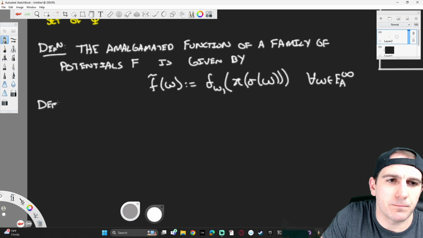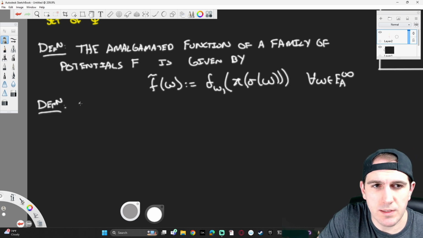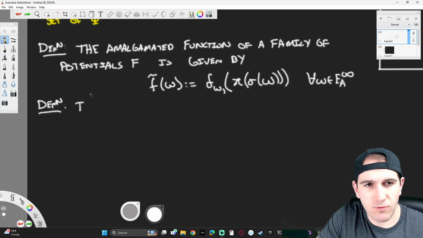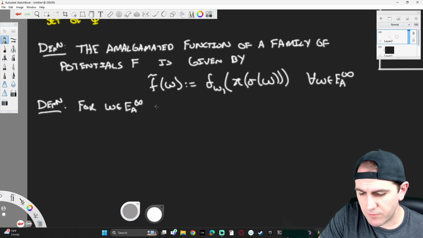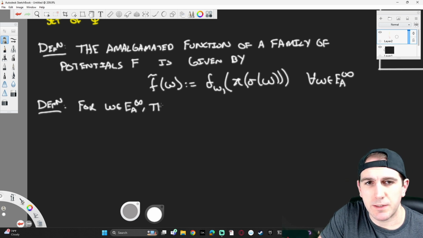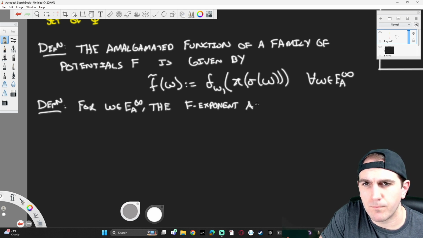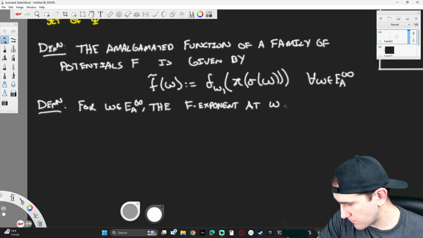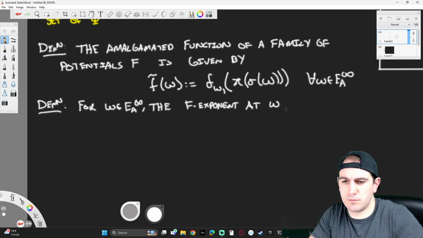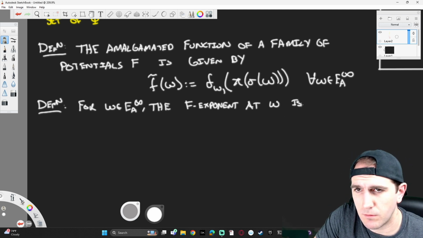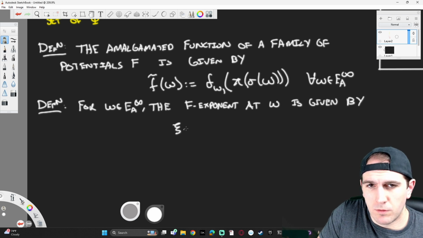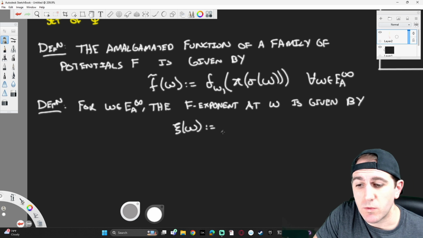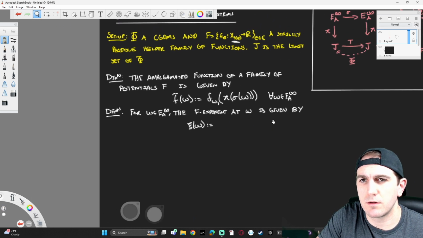And so once you have that amalgamated function, we can also define what the F-exponents are. For omega within E_A to the infinity, which is a symbolic point, the F-exponent at omega is given by C of omega, which is by definition equal to that limit that I put over in the diagram.